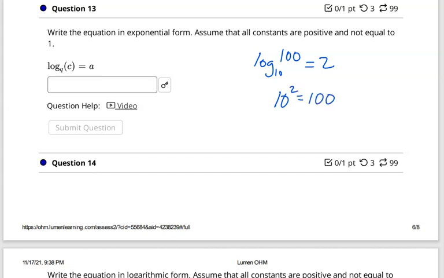And remember that little 10, that base to that power gives us that. So we automatically see q to the a power equals c.